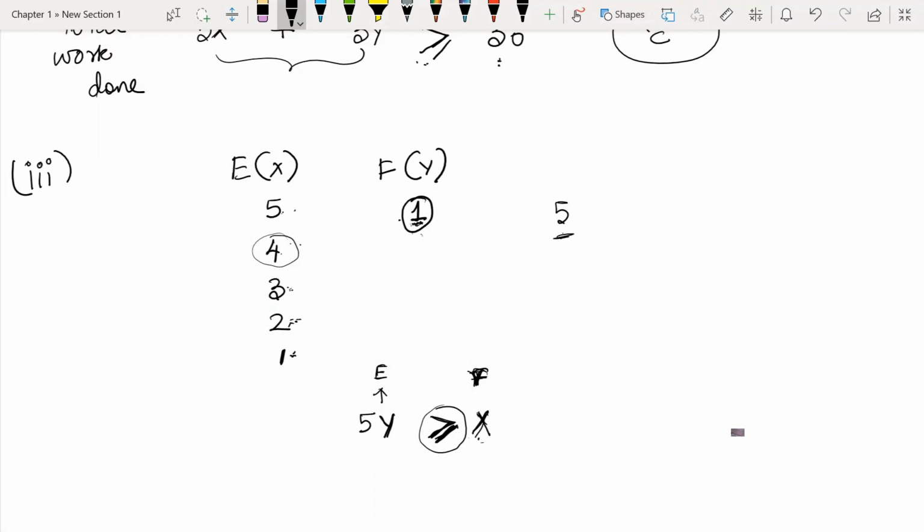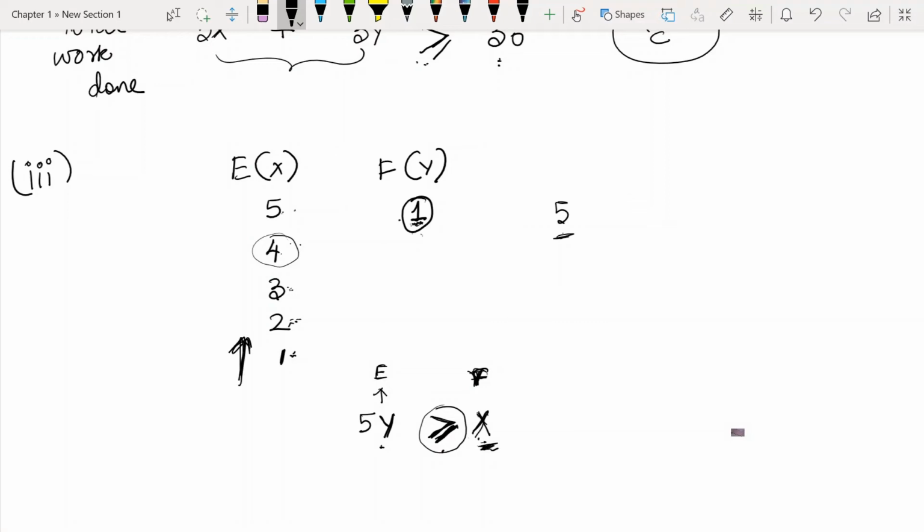Look at the x column. The x column is either equal to 5y, or it is less than that. So the x column is less than or equal to 5y. Yes or no? When I say x column, you should look here.